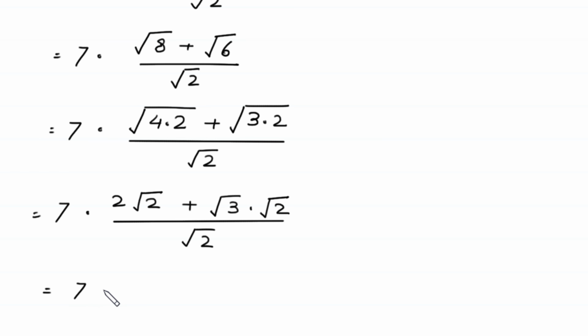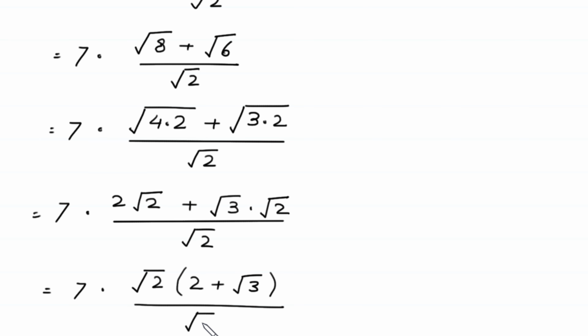Next, 7 times, now from these two terms we can factor out square root of 2 as a common factor, and in bracket left 2 plus square root of 3, divided by square root of 2.